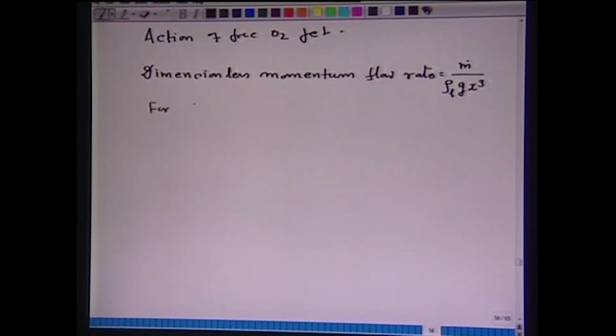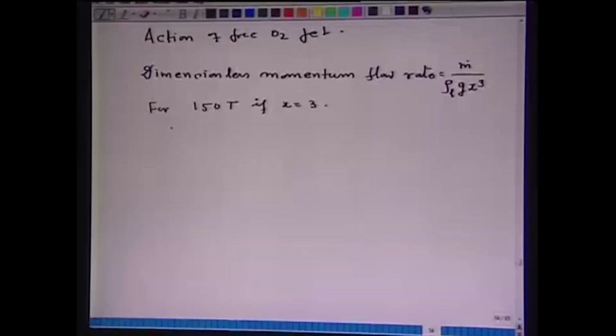Now, for example, for 150 tons converter capacity, if x equals 3, the dimensionless momentum flow rate number can be calculated. M dot can be calculated, and it comes out to be equal to 4057 Newton.